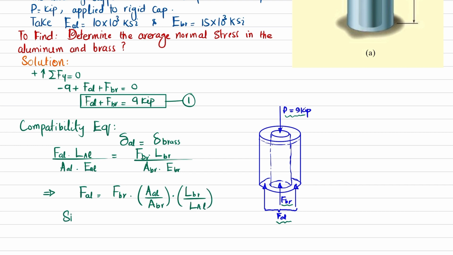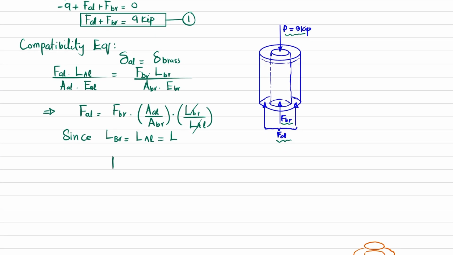Since length of brass is equal to length of aluminum, which is equal to L, they will cancel each other. So we are left with F of aluminum equal to F of brass multiplied by area of aluminum divided by area of brass.